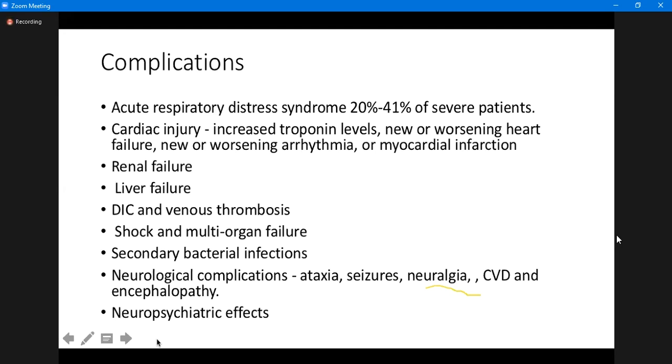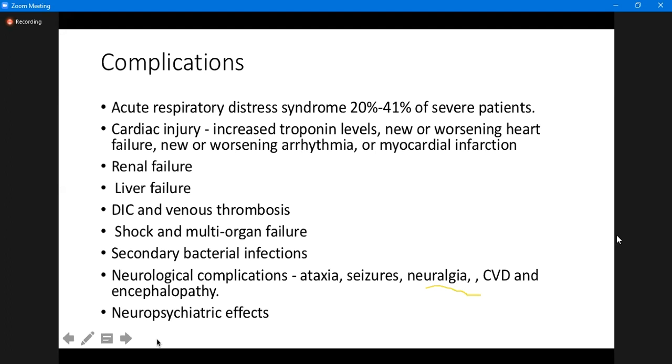Then renal failure, the mechanisms of how it happens are not yet revealed. So I know we are still in a very evolving phase. So what we discuss right now may not be exactly the same in another couple of months. So please remember that.